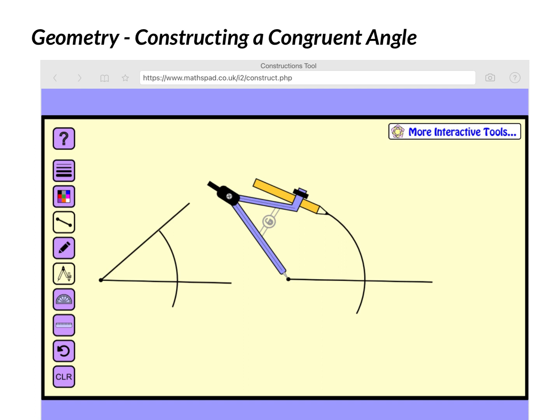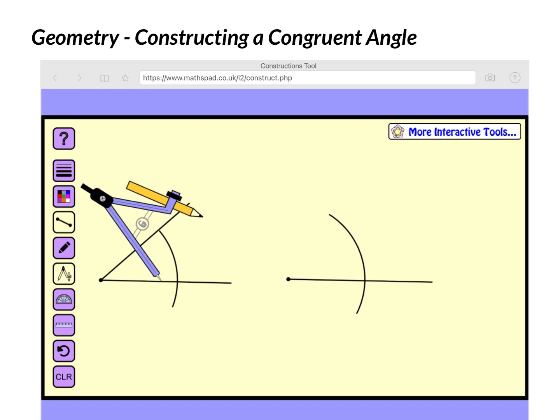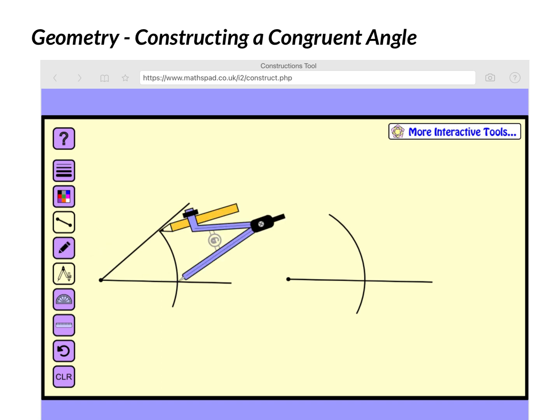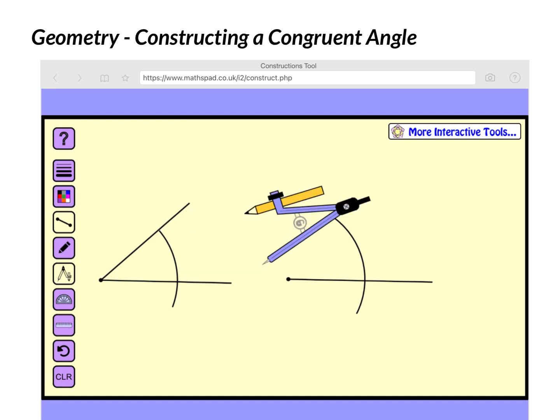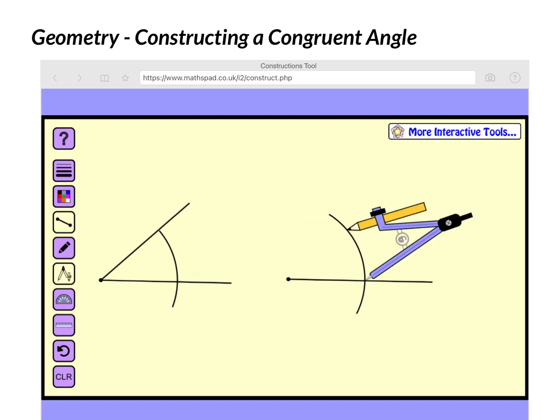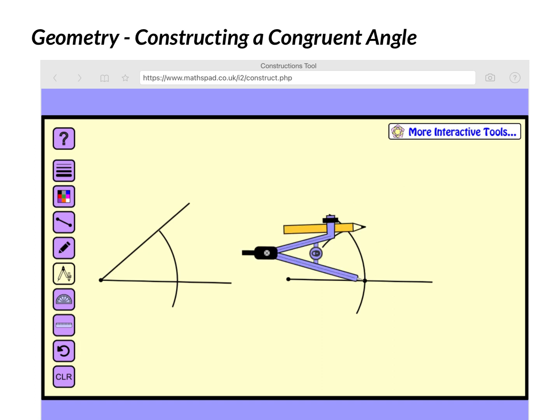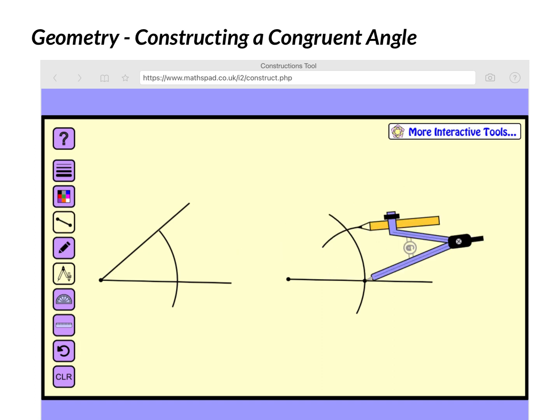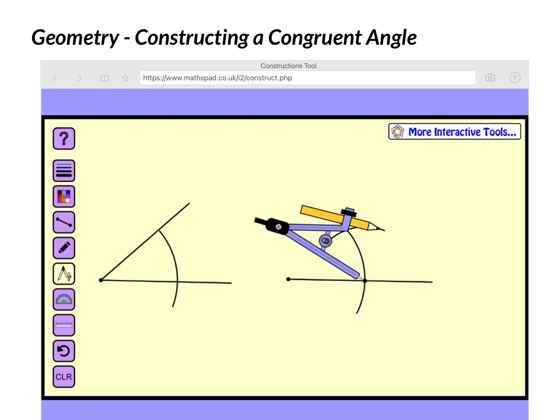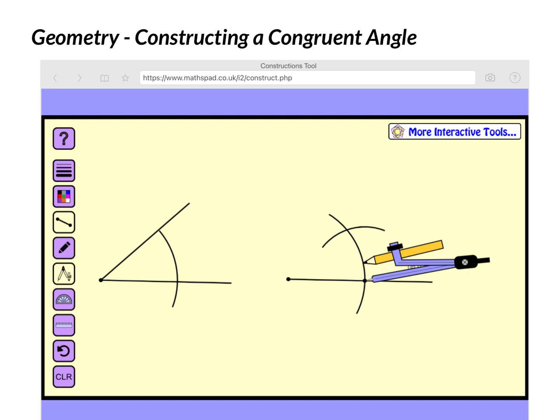Now I'm going to come back over here, and I'm going to use my compass to measure the distance between the two intersection spots of my original angle, where my arc intersected my original angle on both line segments. Then I'm going to go over here and draw the arc, again using my compass to measure that length, and then replicate that length on my other line segment.